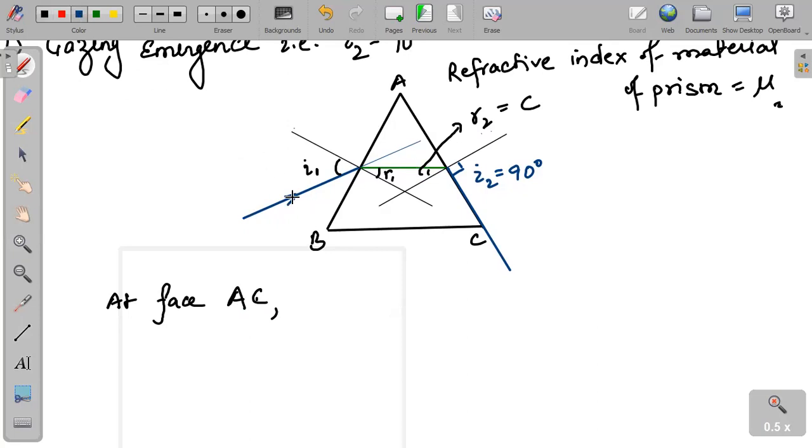Ray is going like this and finally like this. So phase 2 पर applying the law of refraction, we are going to have sine I2 upon sine R2 should be equal to 1 by mu.